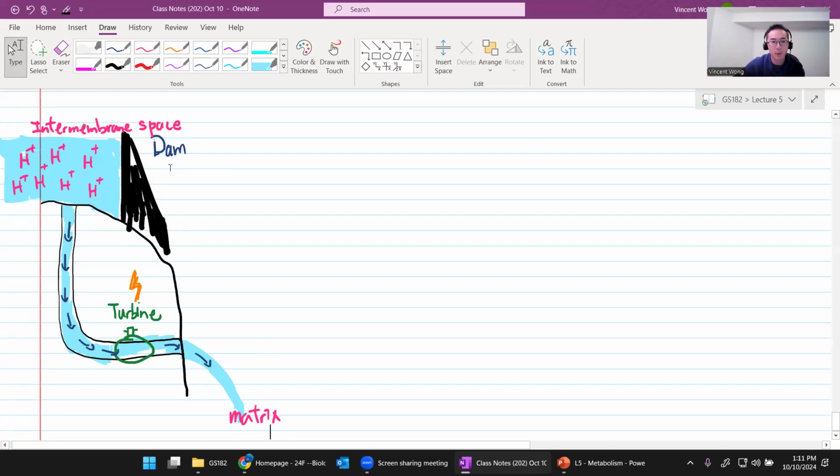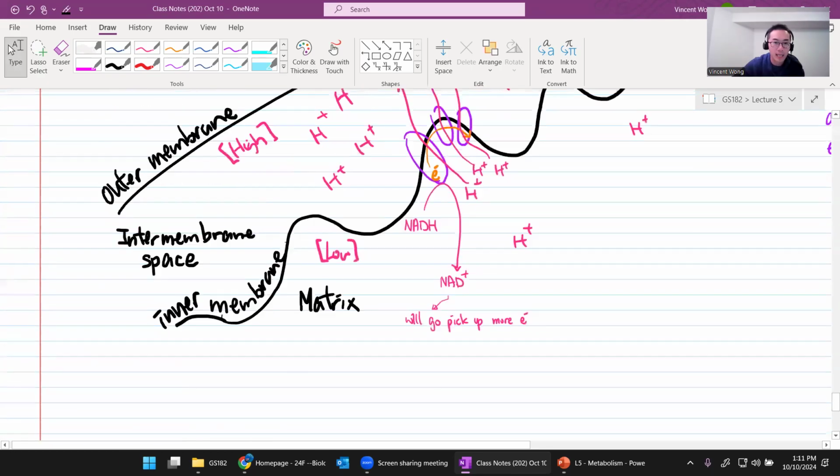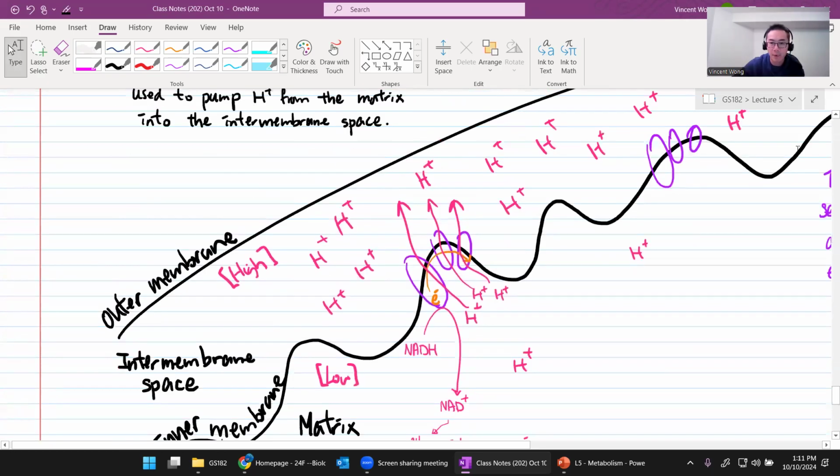The dam is blocking it. So in our case here, the dam is like the inner membrane. The inner membrane is the same kind of material as the cell membrane. It does not allow charged particles to go through.